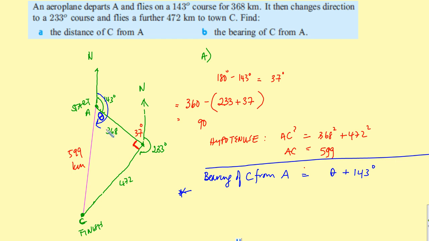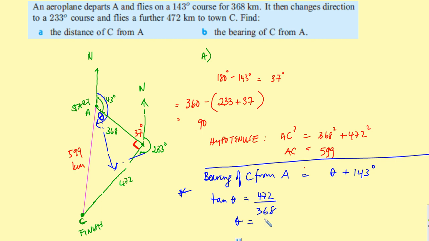We can figure out theta by using the ratios of the lengths of the sides once again. I could say opposite over adjacent. With respect to the angle theta, opposite over adjacent is the tangent of theta equals 472 divided by 368.